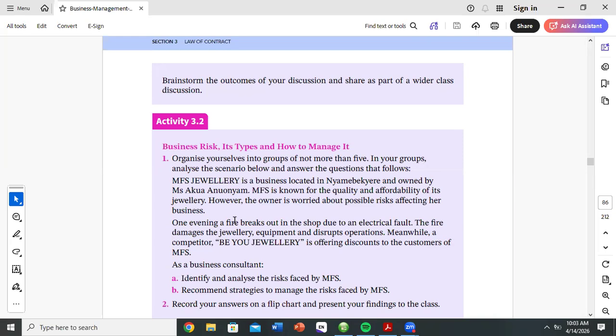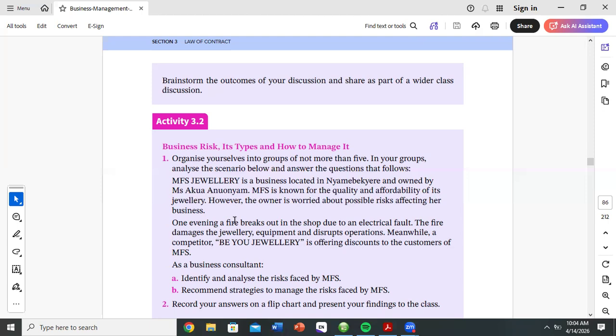The fire damages the jewelry, equipment, and disrupts operations. Meanwhile, a competitor, BU Jewel, is offering discount to the customers of MFS. And we are being asked, as a business consultant, to identify and analyze the risks faced by MFS.